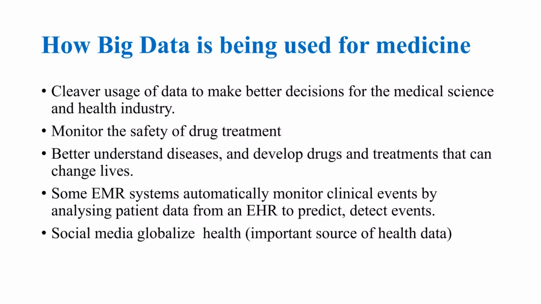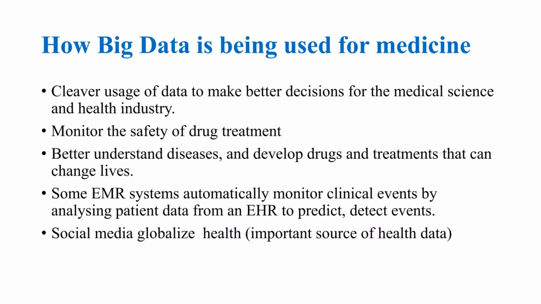Clever uses of data to make better decisions for medical science and the health industry. Monitor the safety of drug treatment. If a drug is being developed, the results of that drug during the testing phase on different patients can be monitored. Better understand diseases and develop drugs and treatments that can change lives.